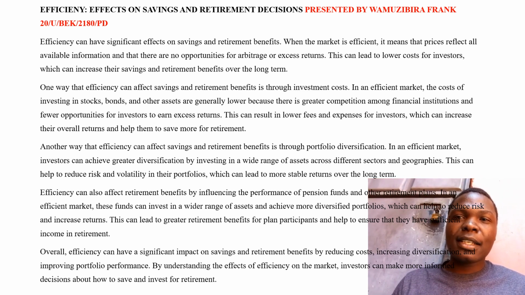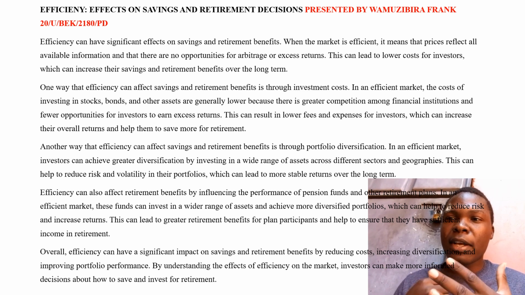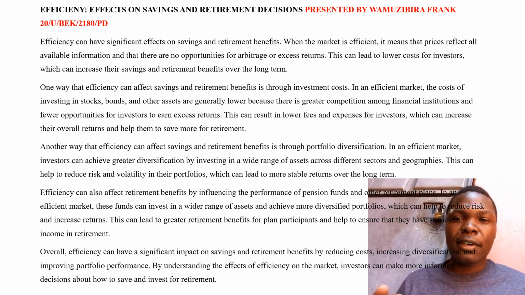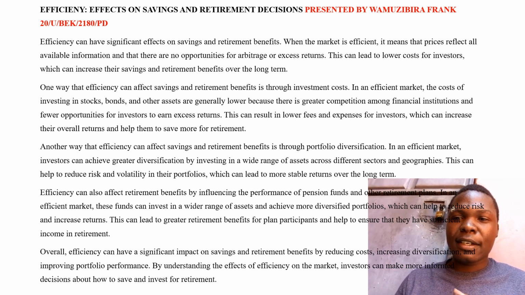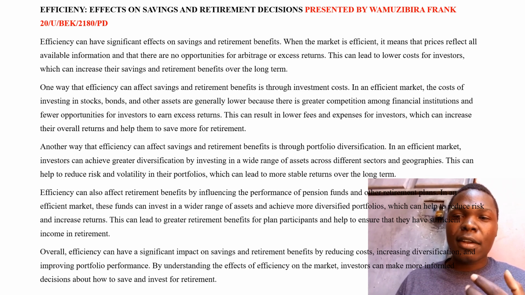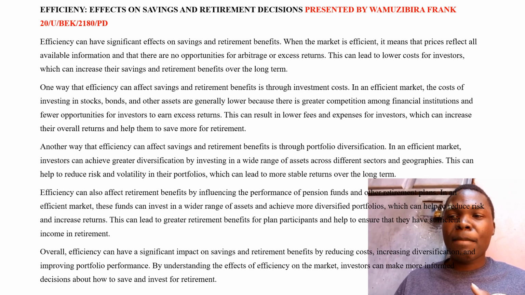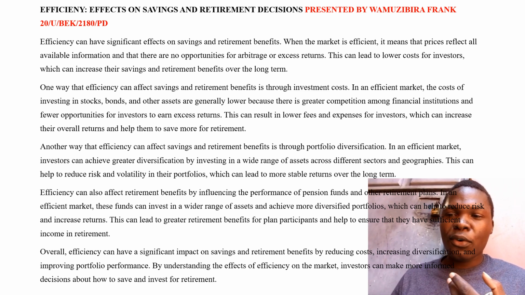In an efficient market, investors can achieve greater diversification by investing in a wide range of assets across different sectors and geographies. Three, this is by influencing the performance of pension funds and other retirement plans. In an efficient market, these funds can invest in a wider range of assets and achieve more diversified portfolios.